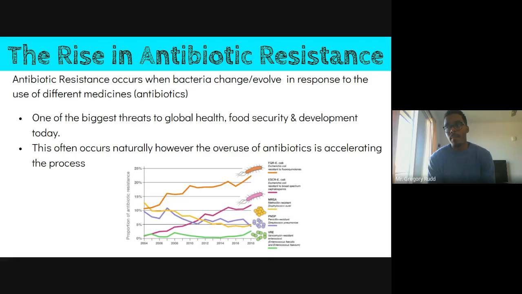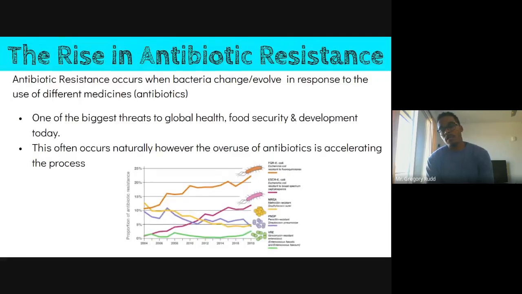The same thing can happen with bacteria that humans are frequently exposed to. As people get exposed to bacteria and they get sick, they go to their doctor and their physician prescribes them an antibiotic. And they take that antibiotic, and some of them, maybe they don't take the full prescription. They stop taking the prescription once they feel better.